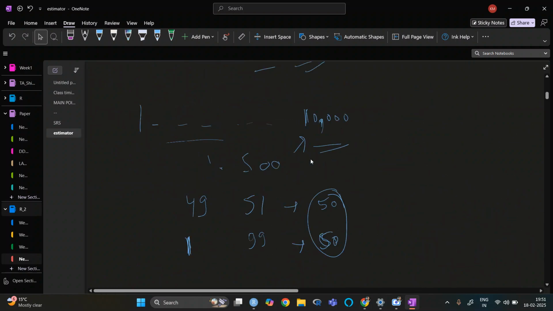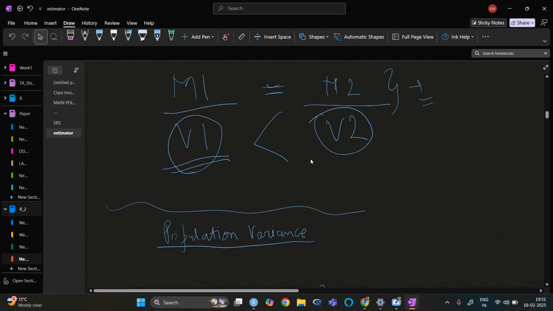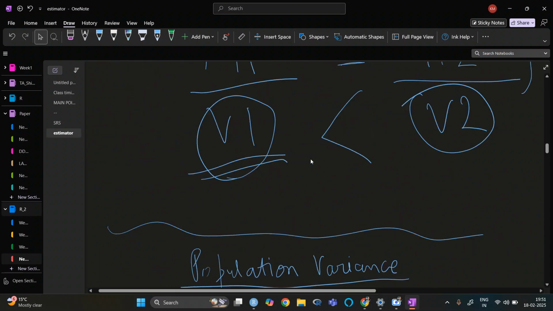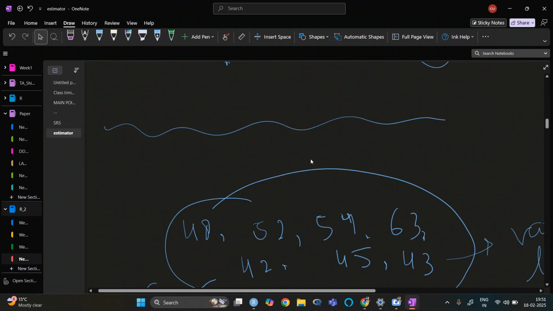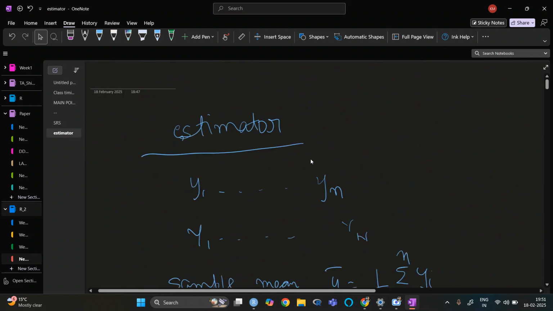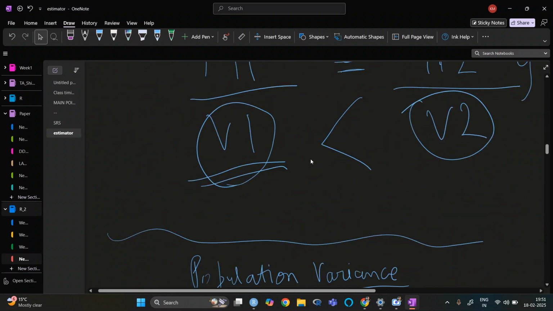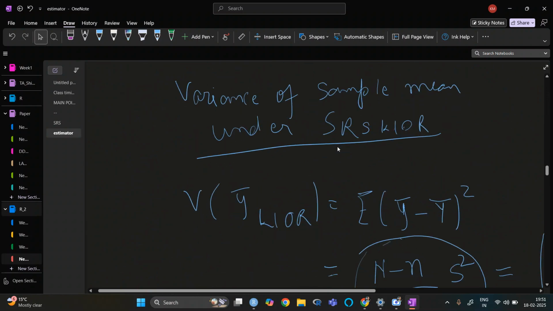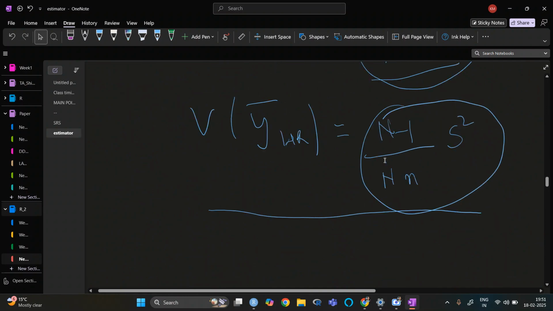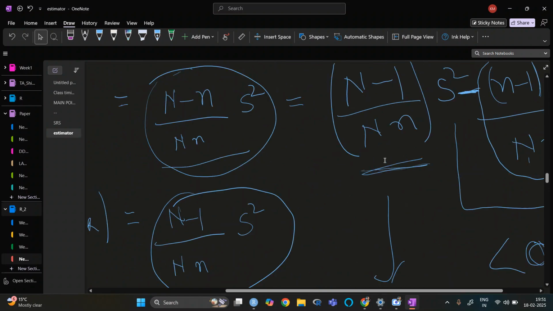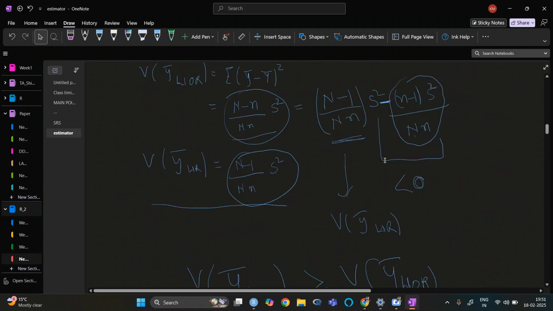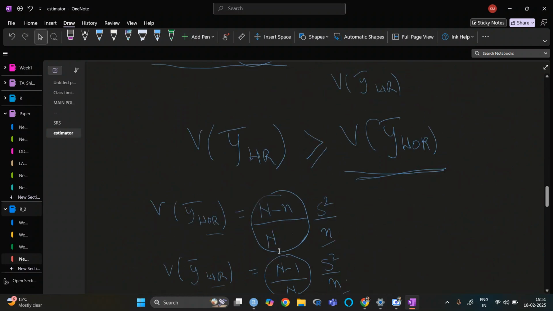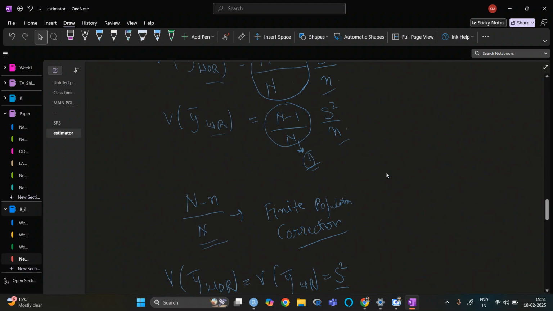However, for the variance, the cases are different. When we have SRSWOR and SRSWR, we can see that the variance is high in WR. In with replacement, the variance is high in comparison to without replacement.